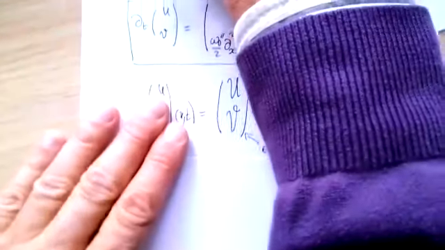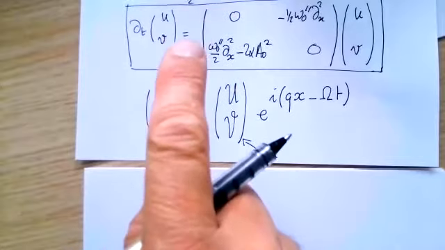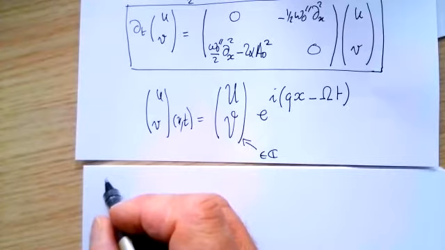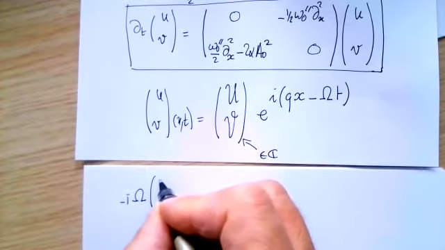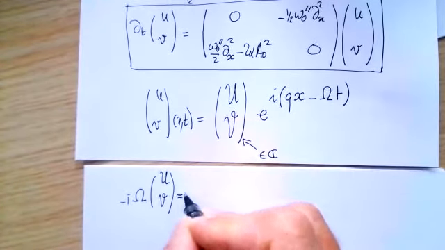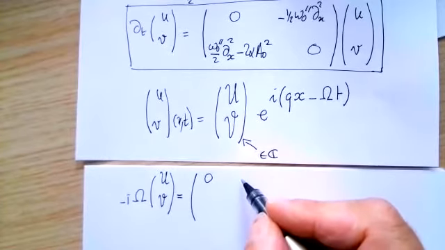You insert the plane wave solution in the equation there. So you will have the time derivative is like minus i omega times capital U, capital V equals 0. Space derivative, it's like iq.